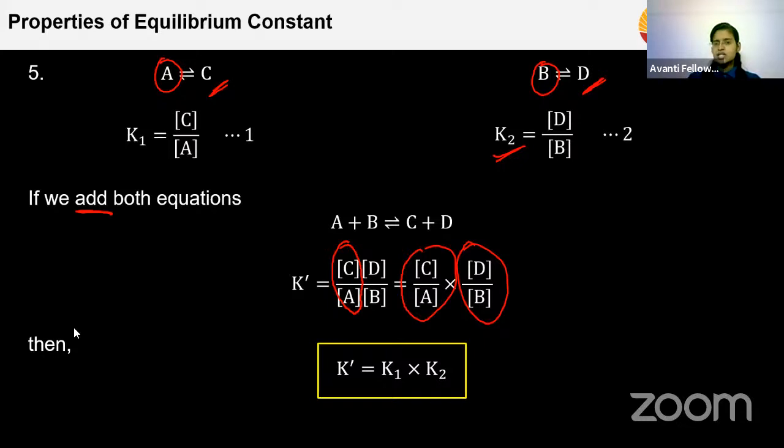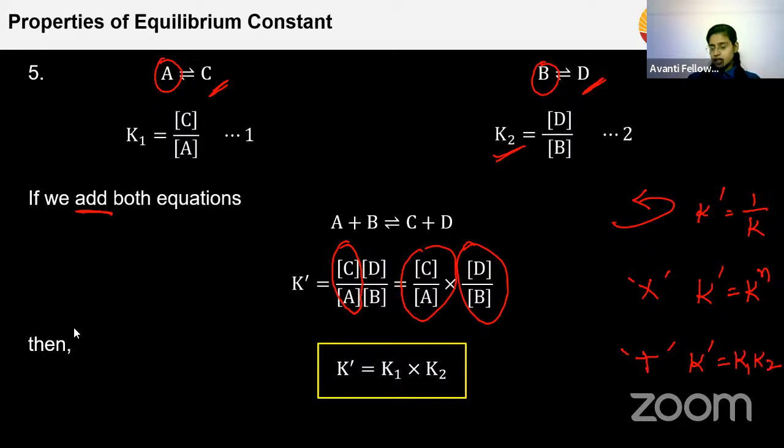Do you have any doubts here? So what was the first thing? If I'm reversing an equation, then I have to take the reciprocal, right? If I am multiplying the equation by some number, then I have to take that number to the power. If I am adding two equations, then I have to take the multiplication of the two equilibrium constant values.